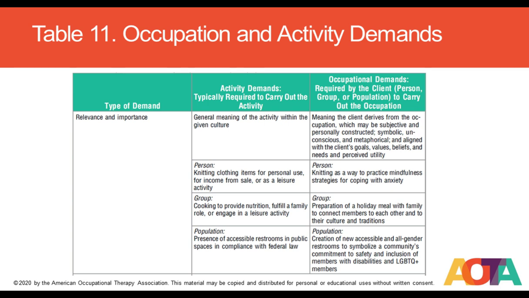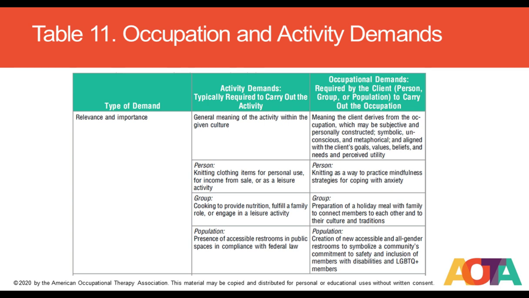Within the OTPF 4, occupational analysis versus activity analysis was also more clearly defined. As described earlier in the occupation section of the domain, language has been added to the OTPF 4 to delineate occupation and activity.